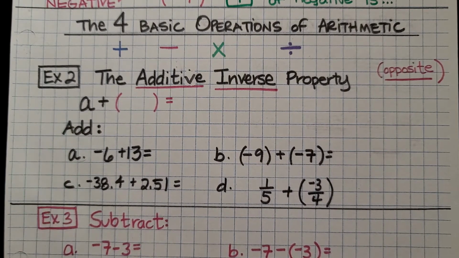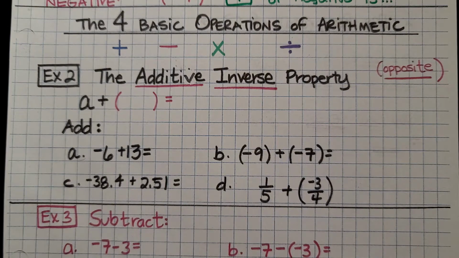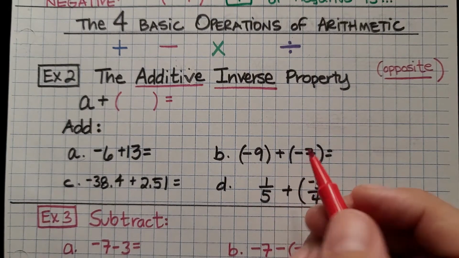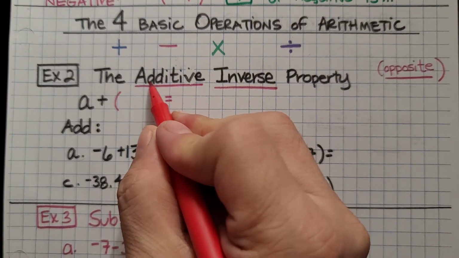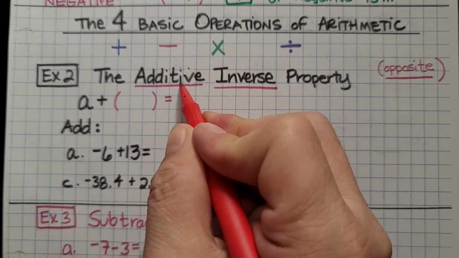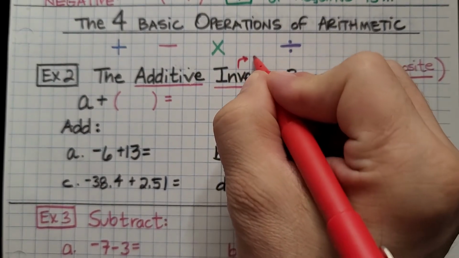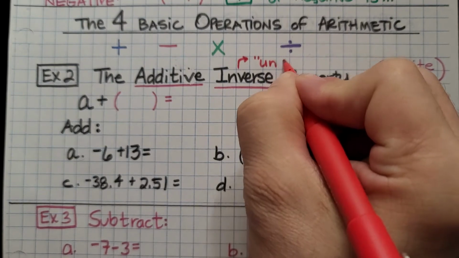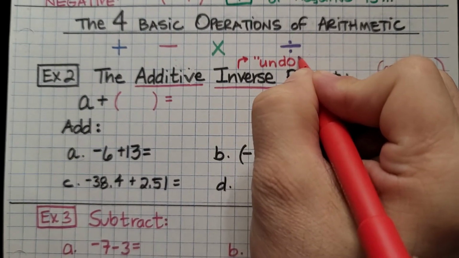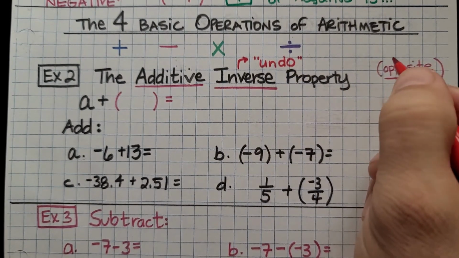Jumping into example 2, what do I want to do? Oh, I want to talk about the additive inverse property first. What can we add to a number so that way... here's what inverse means. I think of this 4-letter word: an inverse undoes something.